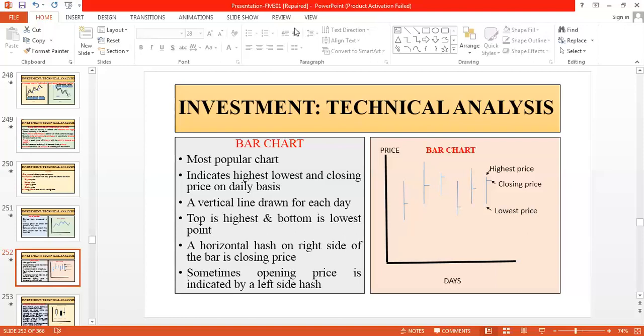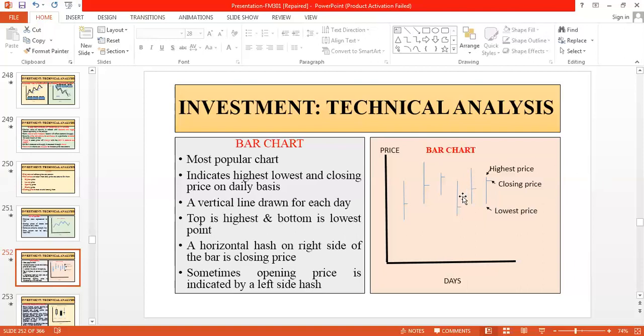Just now, see a horizontal hash line on the right hand side of the bar. In each case, we have shown you a hash line. This hash line will indicate the closing price of the share. And sometimes the opening price is indicated on the left side of the hash.